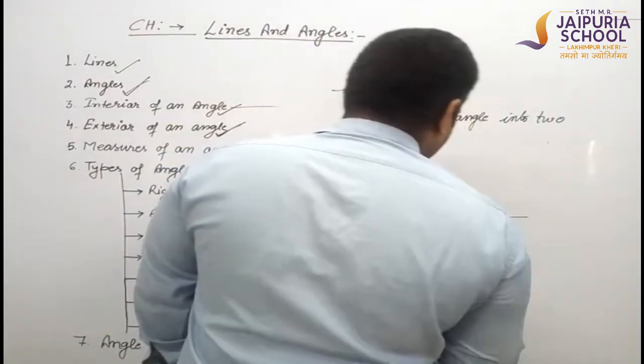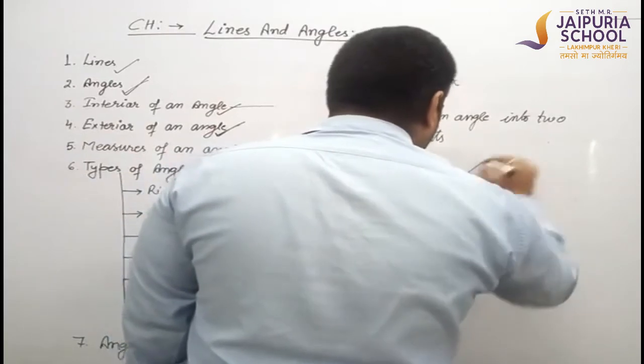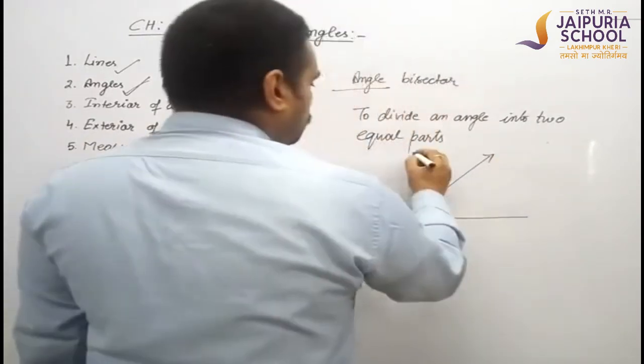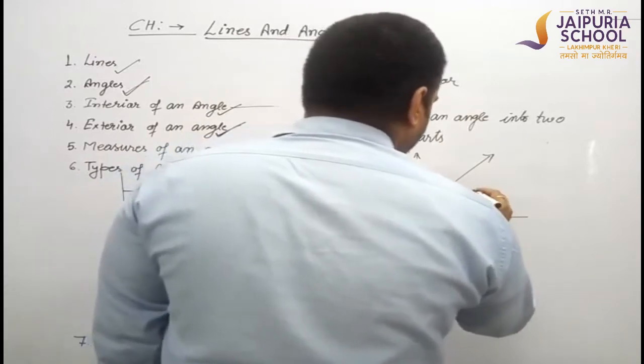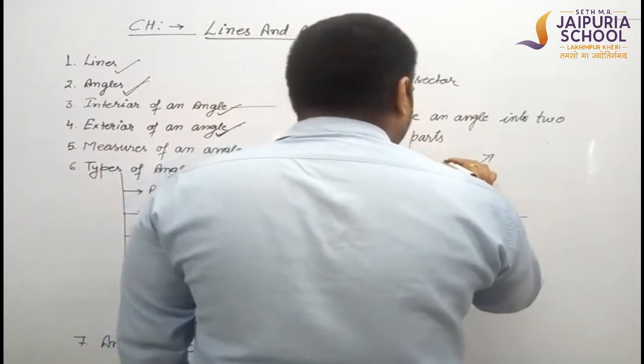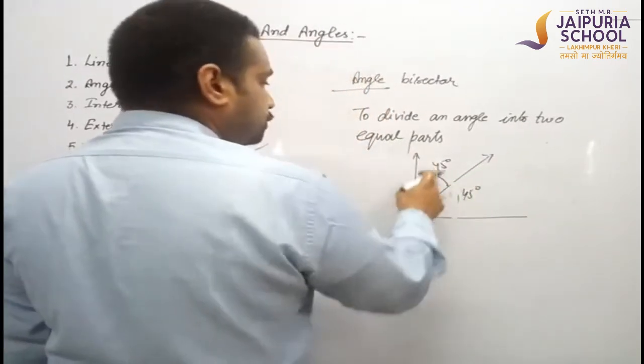Okay, if this is a right angle and I take the ray, this one, so what it means is, if this angle is 45 degree and this angle is 45 degree, the measure of this angle is 45, the measure of this angle is 45.